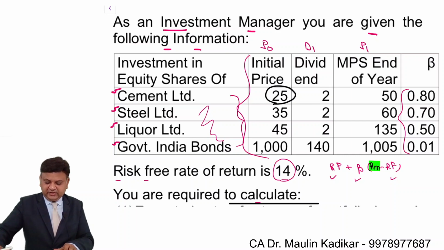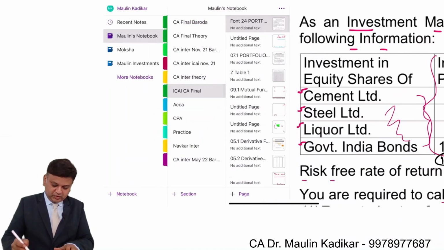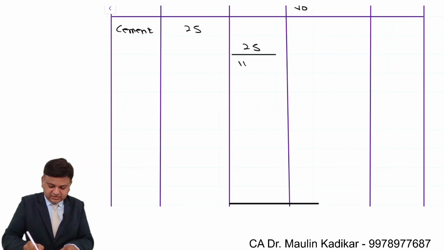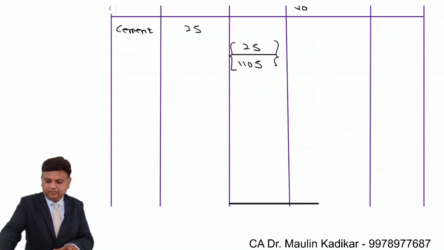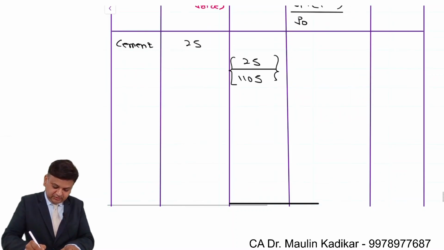Use a calculator. 25 plus 35 plus 45 plus 1000. So it is 1105. So over here it is 25 divided by 1105, which is 0.0226.